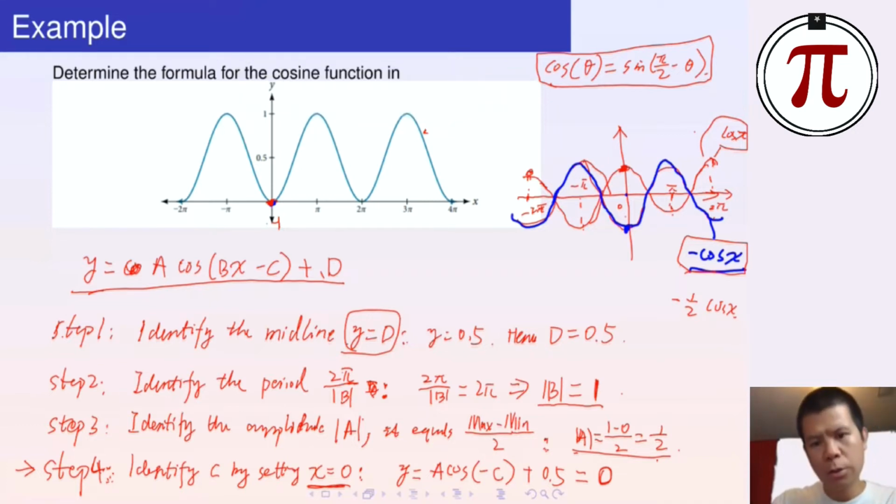We identify the midline, the period, and the amplitude. The amplitude will be exactly the same. Steps 1, 2, 3 are the same.